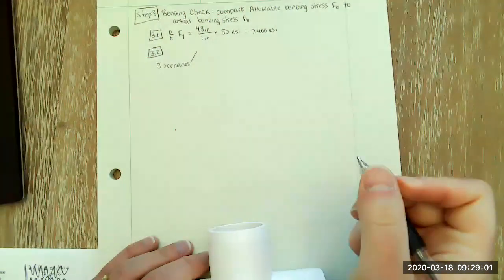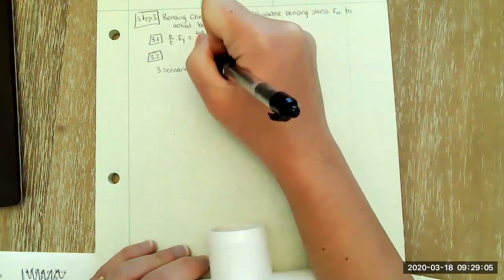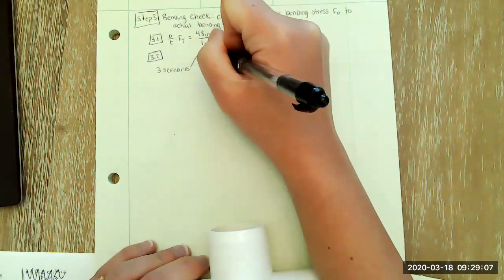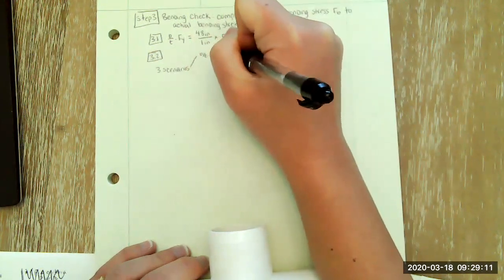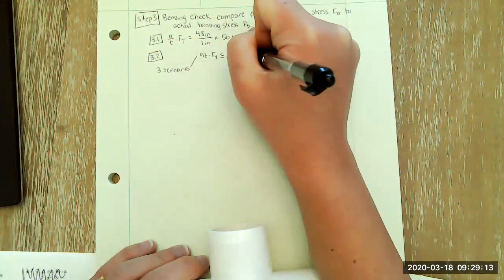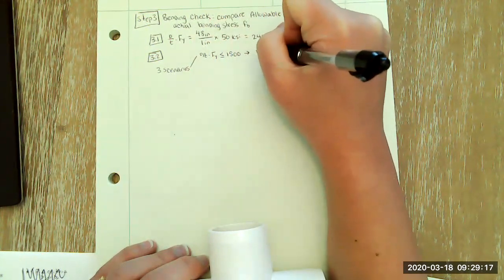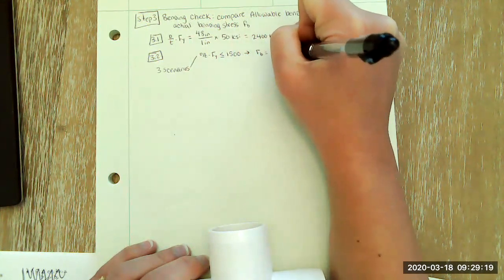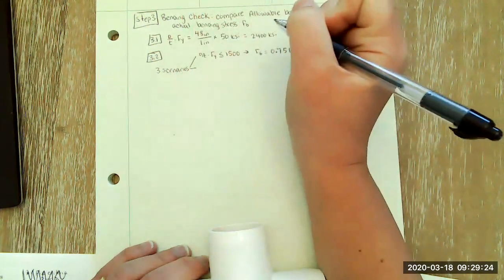The first is if D over T times Fy is less than or equal to 1,500. Then our allowable bending stress is equal to 0.75 times Fy. It's not our case, but we'll include it for completeness.